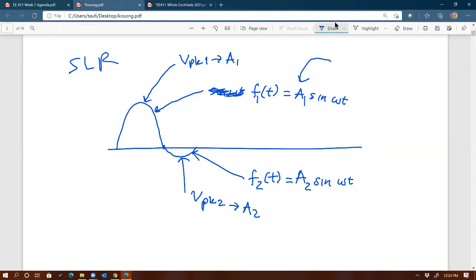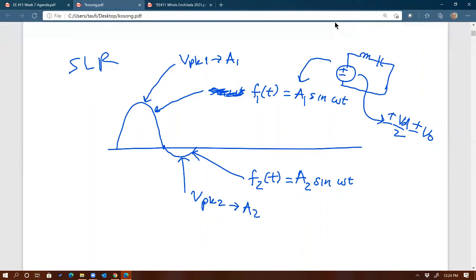Remember, in series loaded resonant you have a source to the tank like this, and this source right here will be plus or minus VD over 2, plus or minus V out. So depending on which device is connected on the source side and which direction the current is flowing through the tank, that would determine the combined source to the series tank.